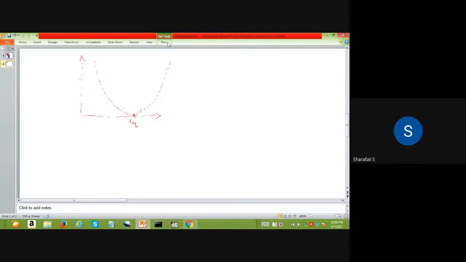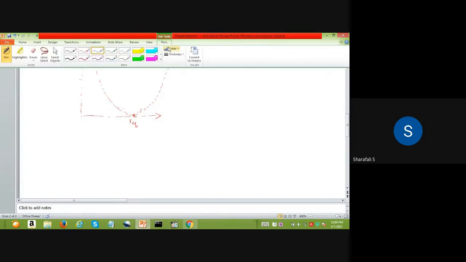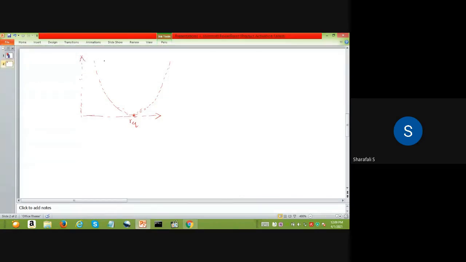And if you consider that realistic scenario, then the energy versus internuclear distance curve will be slightly different. It will be coming something like this, and it will go from here, having this kind of path and going like this. So this is the realistic case.